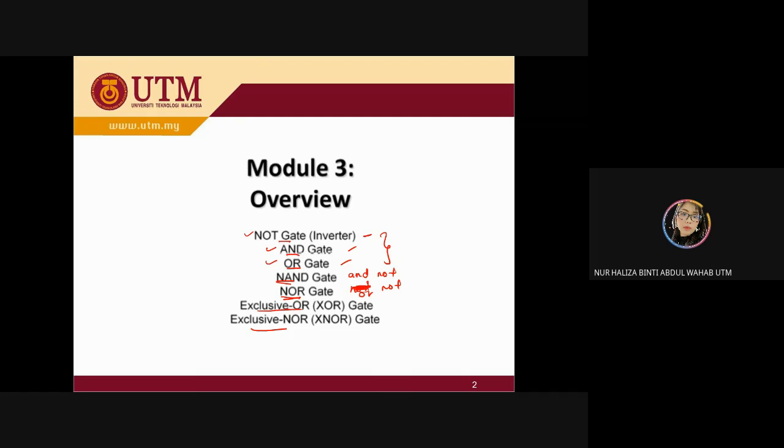For exclusive OR, you're going to have, I guess, two ORs, I forgot. Later on we will check. And then we have NOT gate and also AND gate. So you can see this one is a combination of only two gates from our basic gates, but for exclusive.